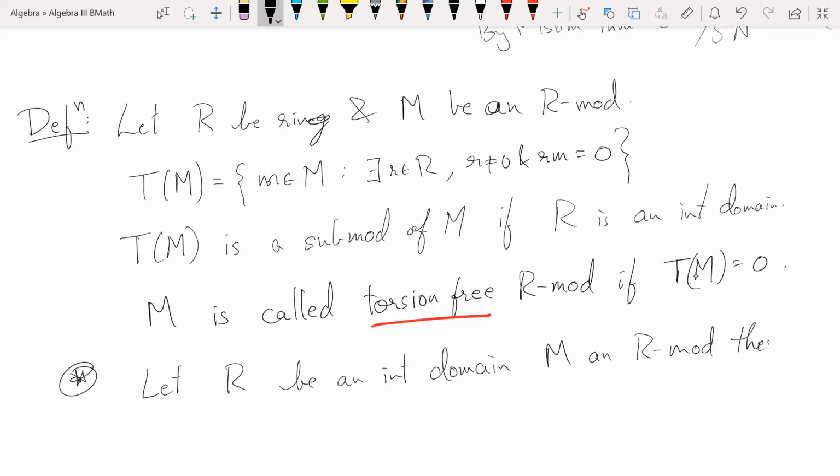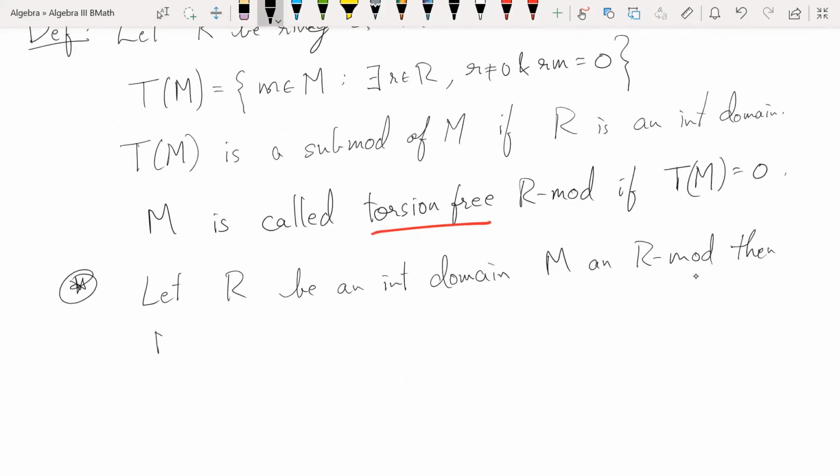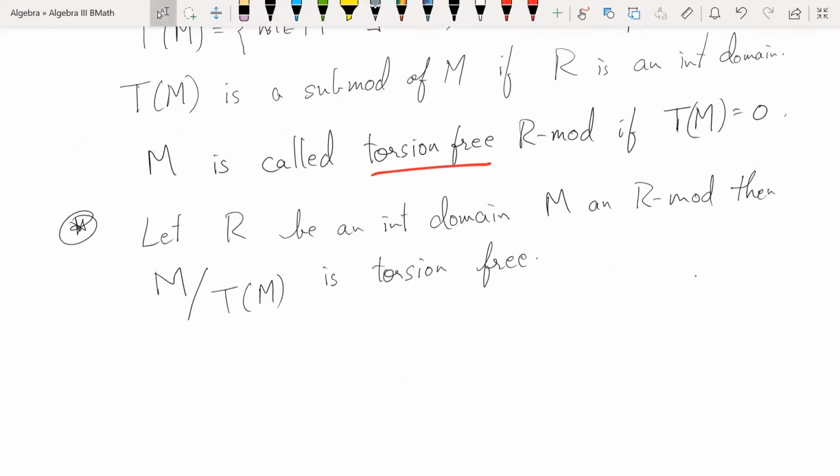Then M mod Tm is torsion free. Tm is a submodule now because we are over an integral domain. This is straightforward. You have removed the torsion part, so what remains is indeed torsion free.